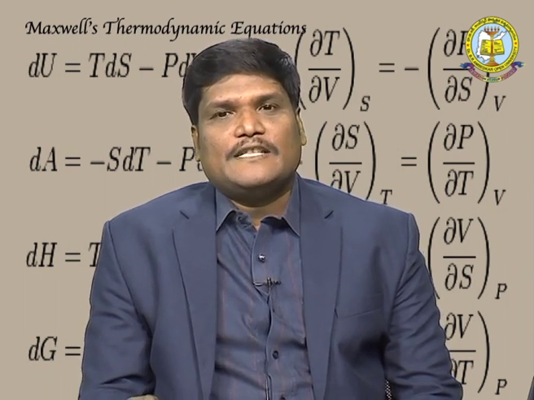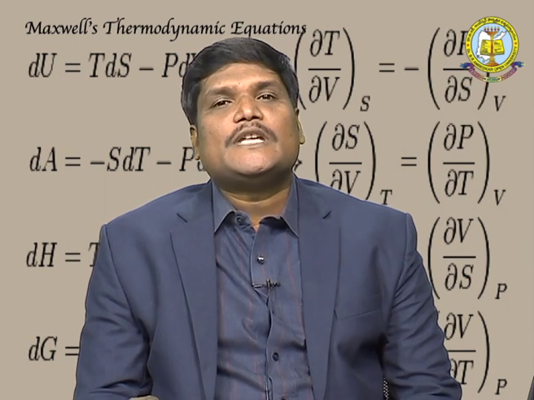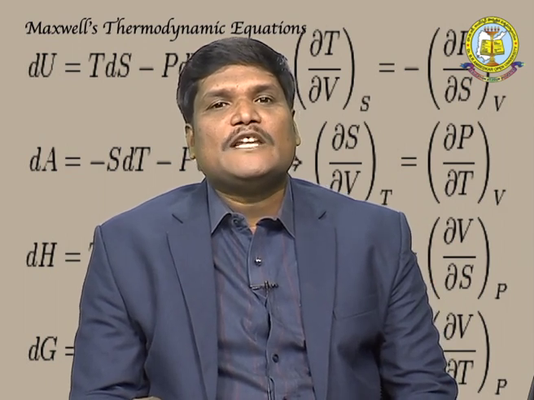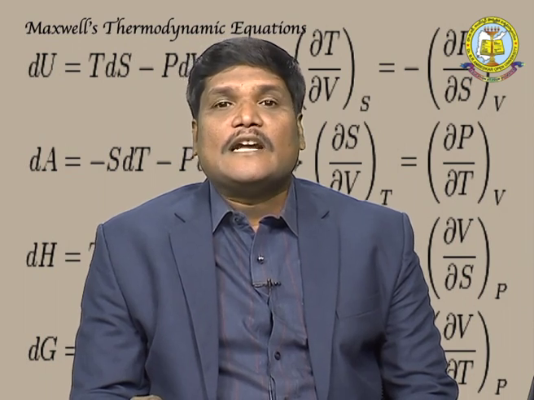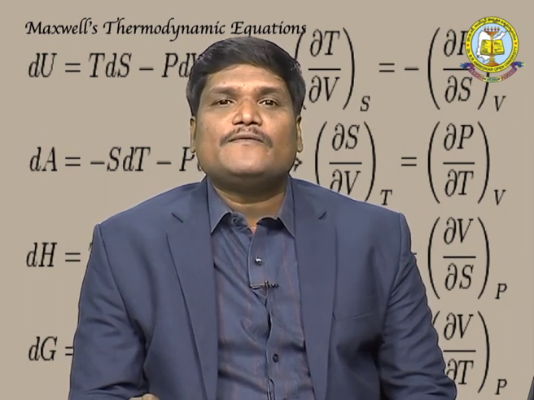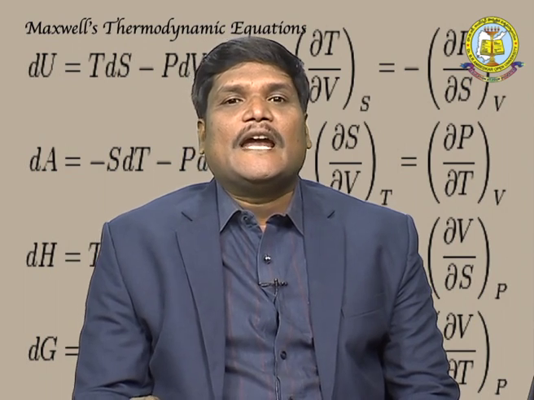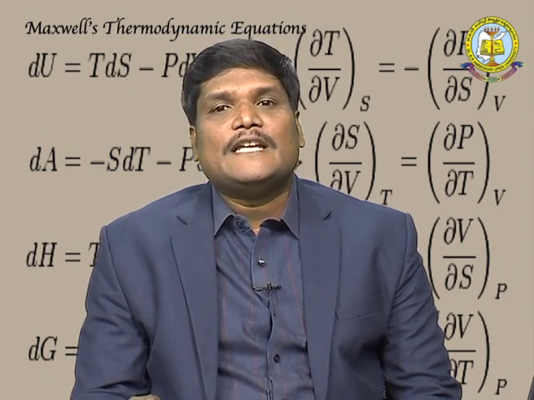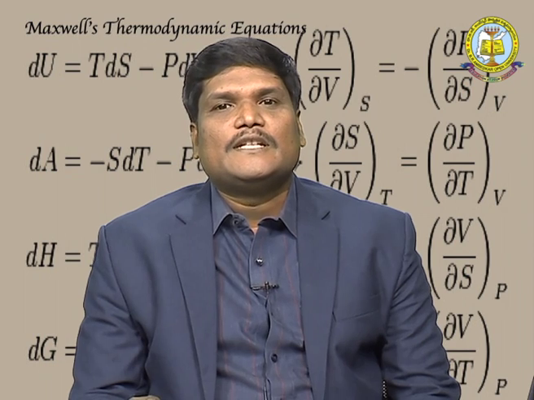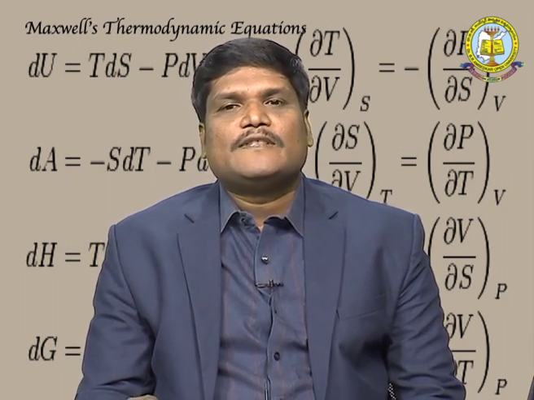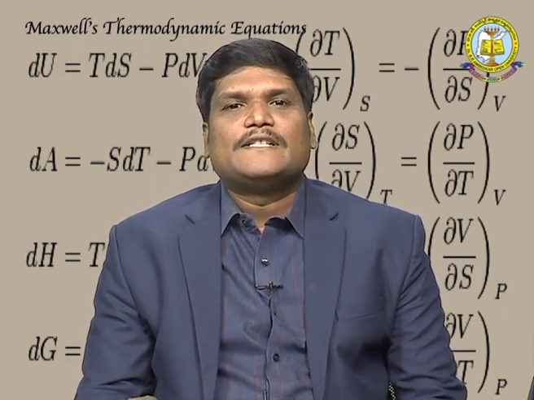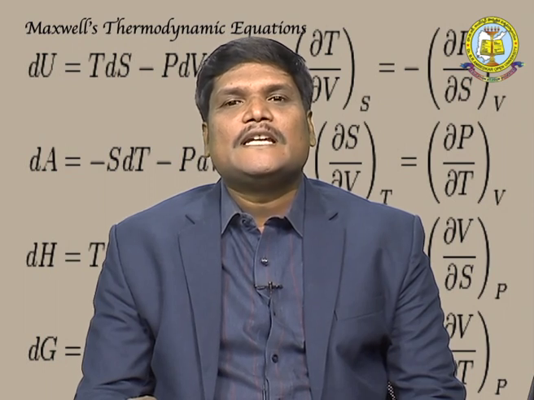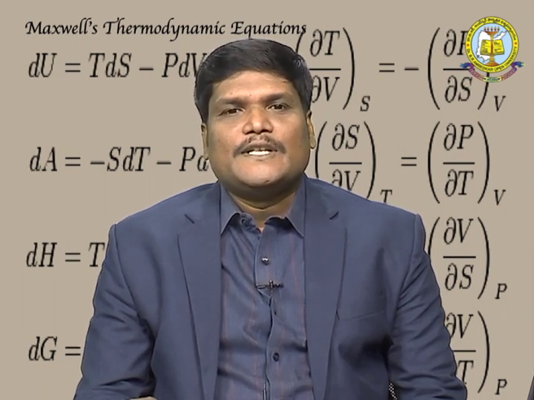The M value is T and the N value is minus P. The z value is the internal energy U, x is entropy S and y is volume V. So, by varying with respect to the entropy as well as the volume V, we derive the equations for the T value as well as the pressure P value.